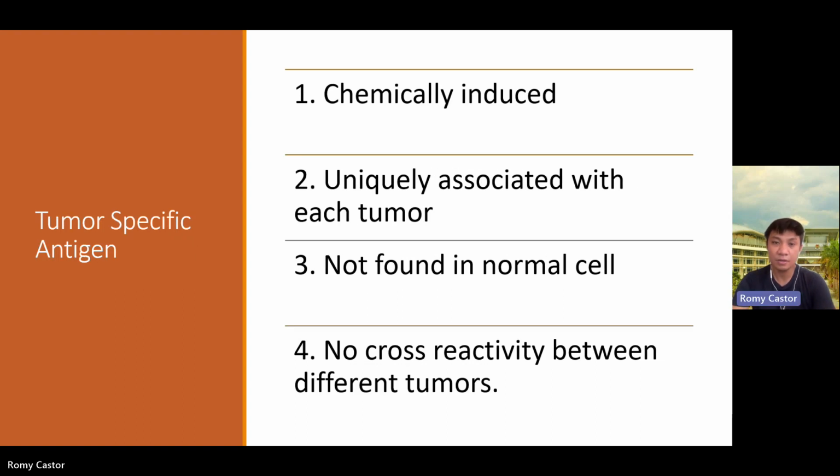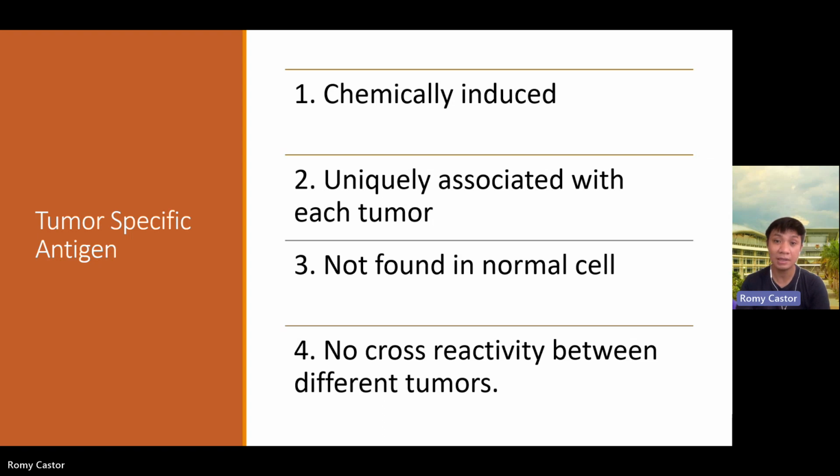Okay, TSA, or the tumor-specific antigen, is chemically induced. As we discussed in the previous slides, you have a table of the different risk factors for the development of cancer. There are chemical agents that can induce the tumor. For example, vinyl chloride can induce liver cancer.